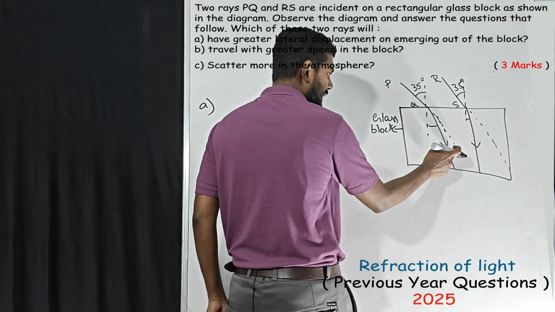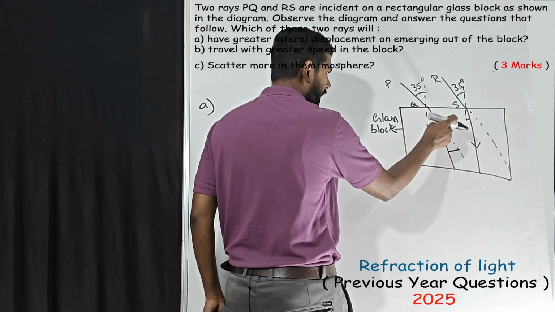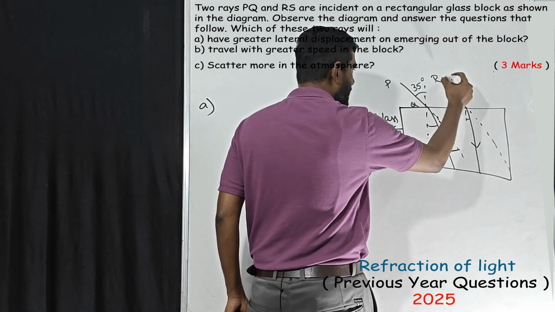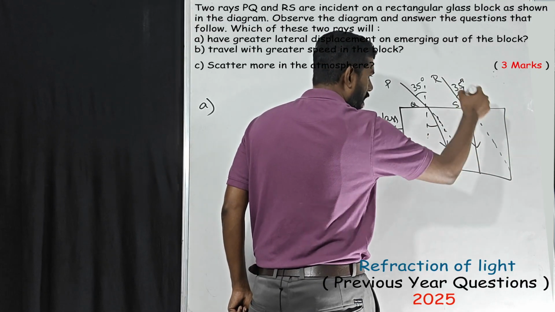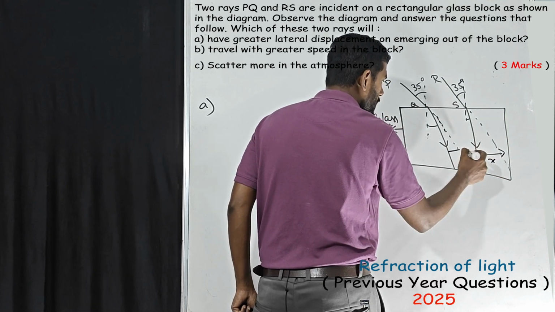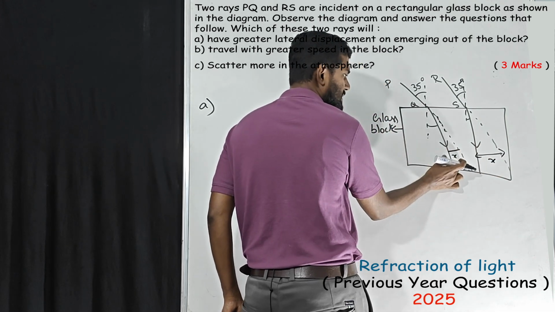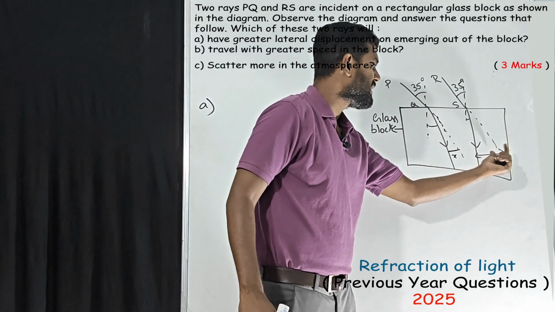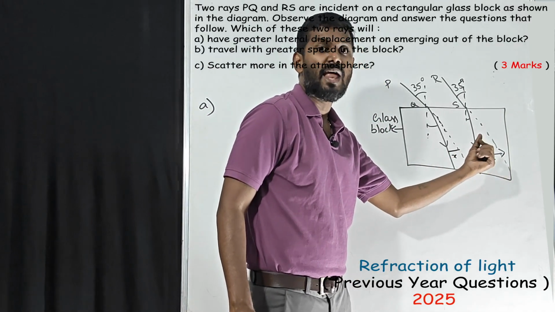That is nothing but the distance between the refracted ray and the original path of light. Here see, now if there was no medium, this light would have gone in this way, correct? Now see the difference. This has less distance, this has more distance. So this distance is nothing but lateral displacement.